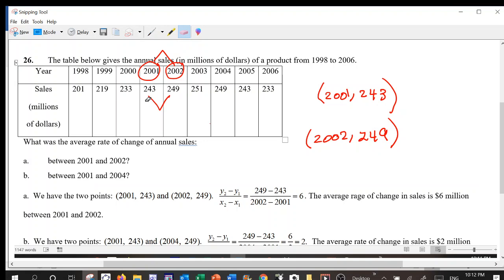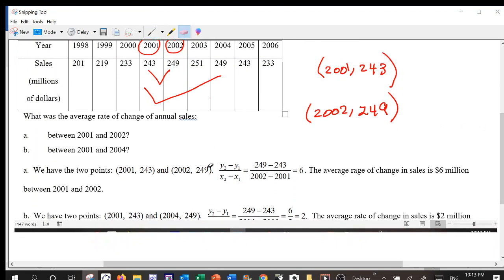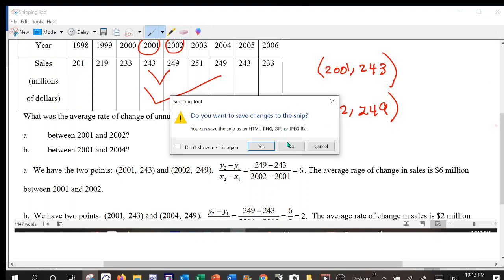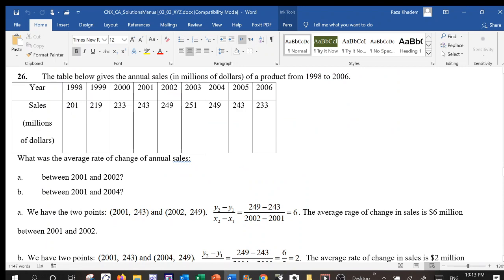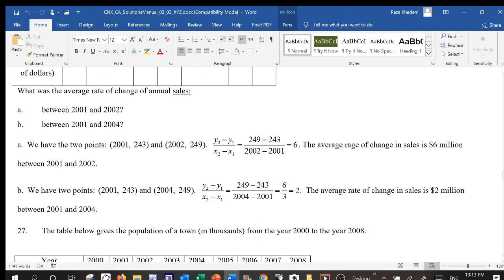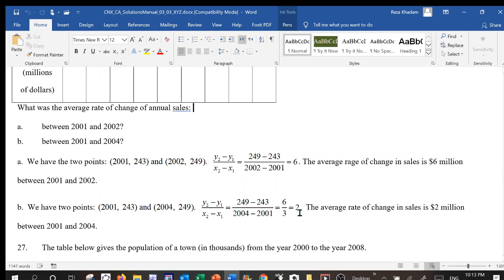Between 2001 and 2004, it looks like it is 249 again, because the sales are going up and down. So 249 minus 243 divided by 2004 minus 2001, I mean 2004 minus 2001. Let's see what we get. We get about 6 over 3, so it's $2 million per year.